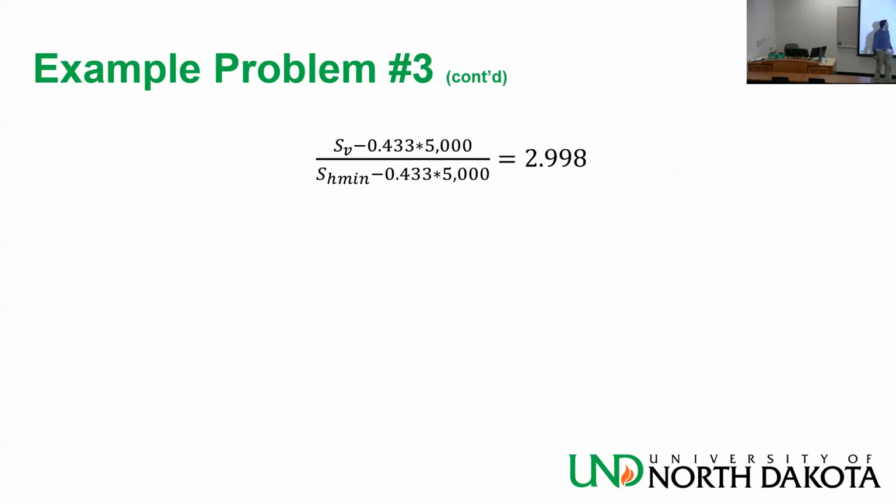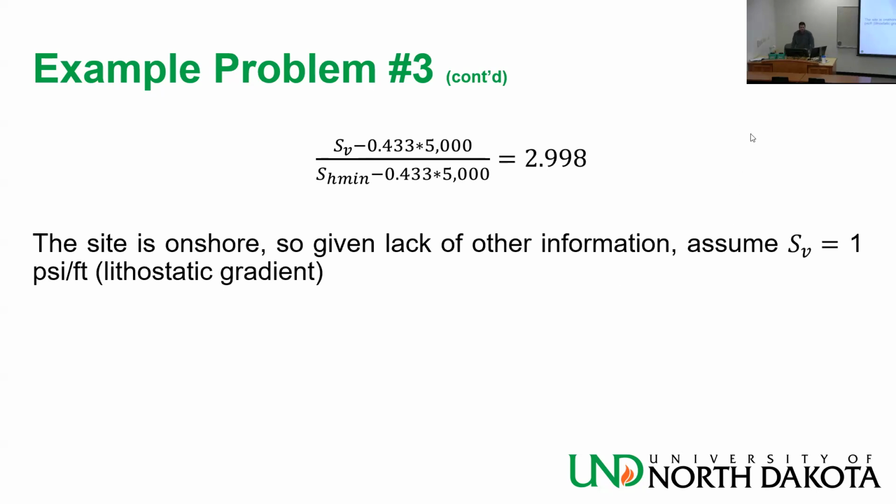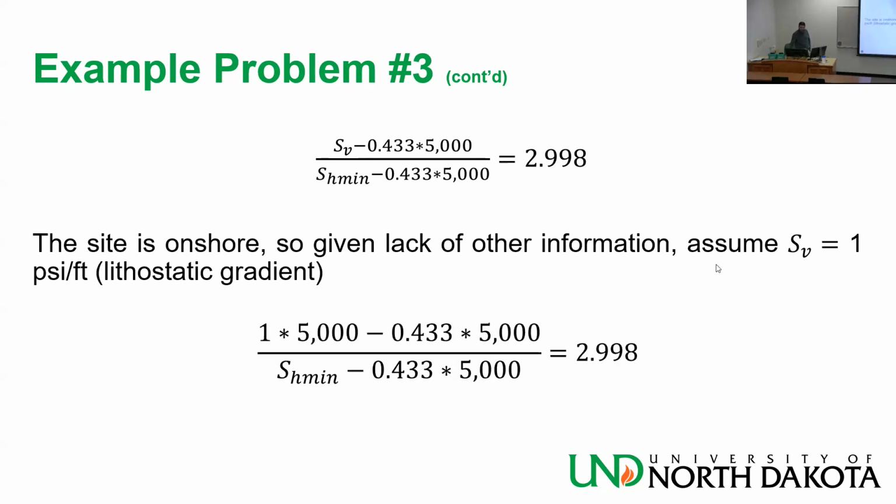Now, here is the catch. Pore pressure is hydrostatic, so 0.433 times the true vertical depth. And then the site is onshore. So given lack of other information, I assume that SV is 1 psi per foot. That's the lithostatic stress gradient from our first module.